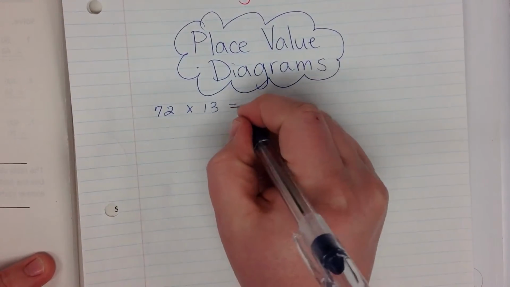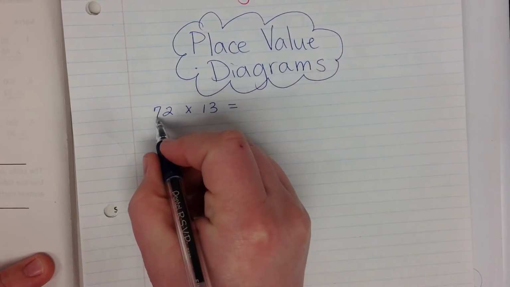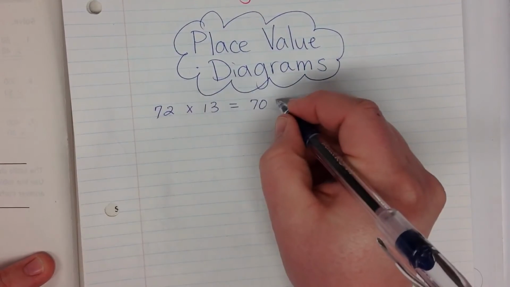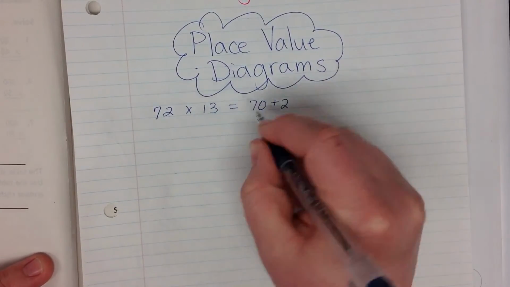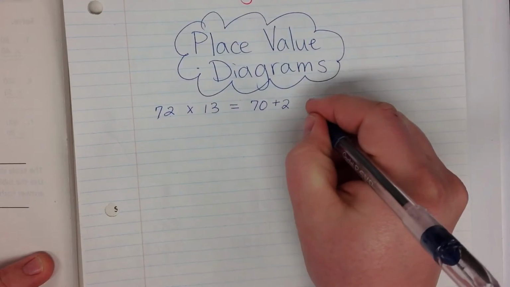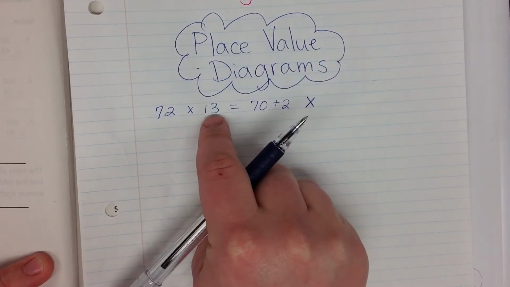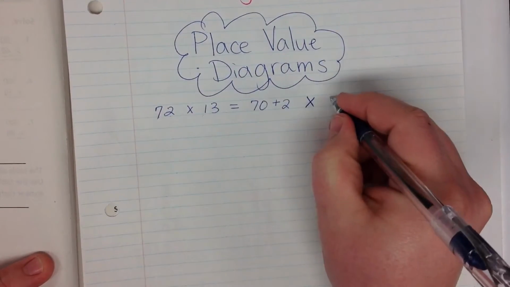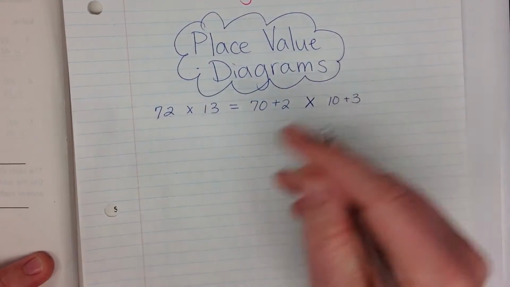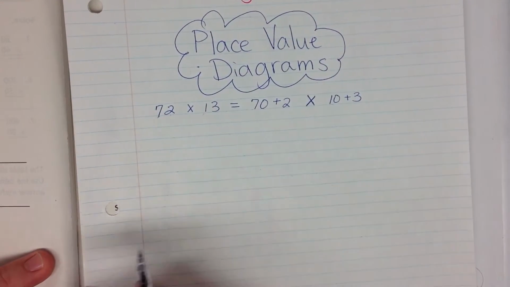So 72 in expanded form, well, there's a 7 in the tens place, so it's made up of a 70, and a 2 in the ones place, so 70 plus 2 equals 72. Now we're going to do times, and our 13 is made up of a 1 in the tens place, so that's 10, and a 3 in the ones place, so that's 3. And that's going to help us set up our problem.